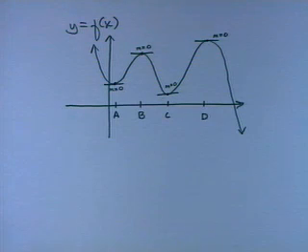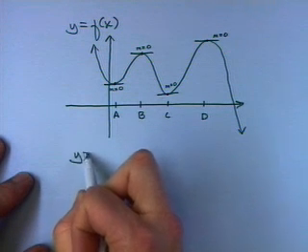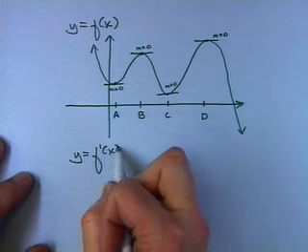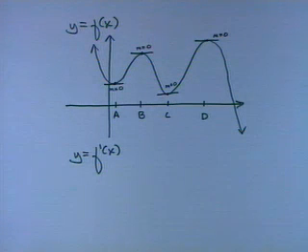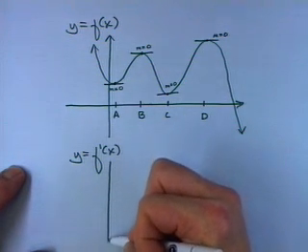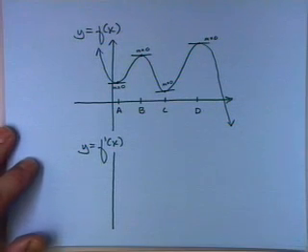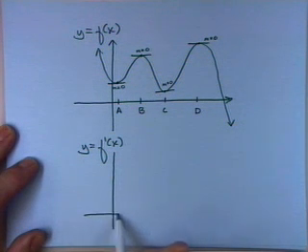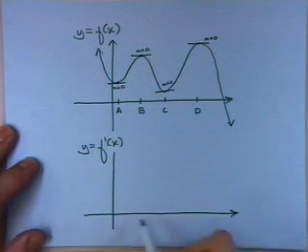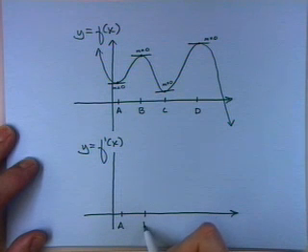So if I'm going to construct a new graph, which we are, this time the y value is not the original function, it is the derivative. So I'm going to keep the scale the same.